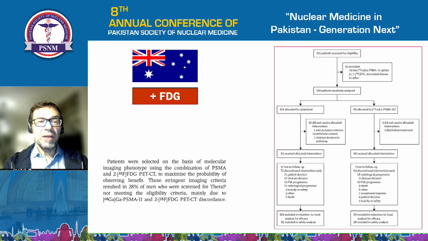This is the Australian response. In the TheraP trial, they added an FDG scan. It's suggested by them. The concept is simple, just like for neuroendocrine tumors. If the cancer is FDG avid, then it's likely to be very malignant, very aggressive, and non-responding to lutetium.